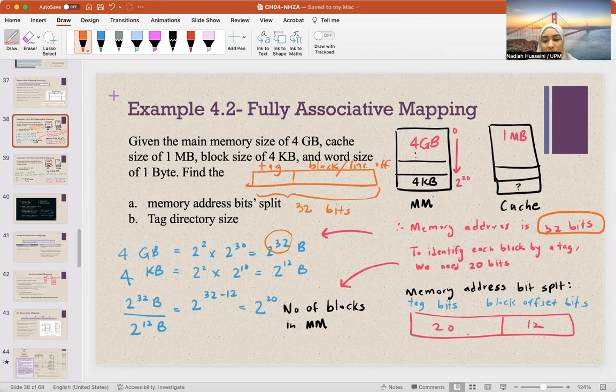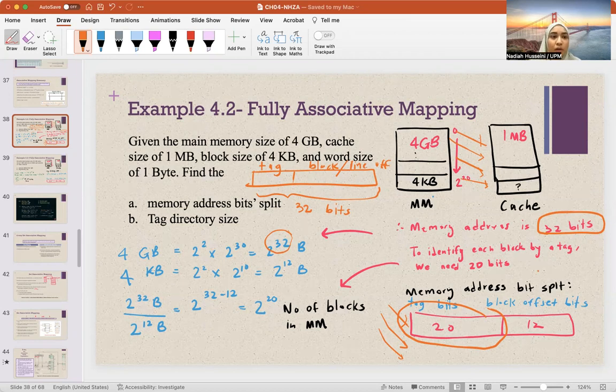For fully associative, it would scan through all the tags and then see which is the tag that corresponds to the memory address that is required by the CPU. So the tag would have to identify each cache line, if that makes sense.